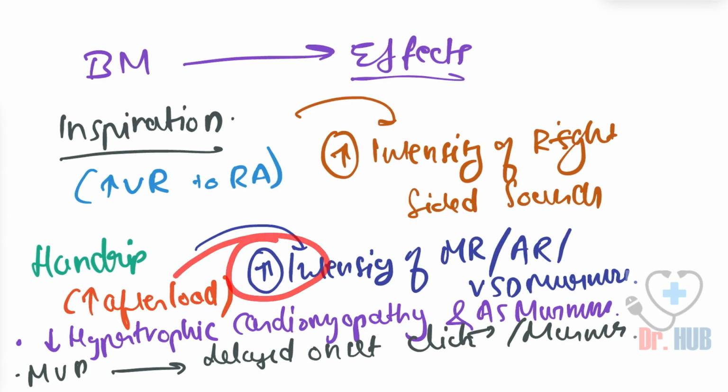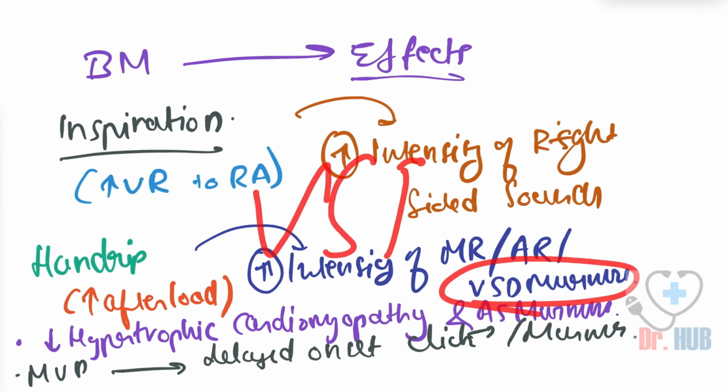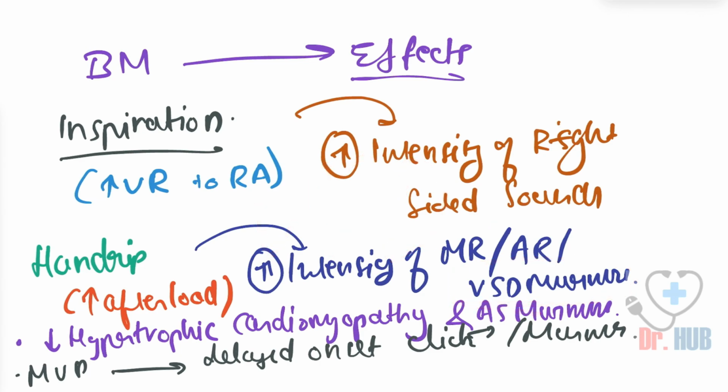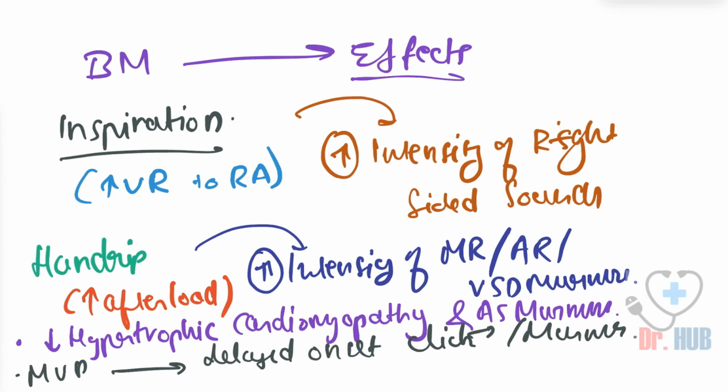This causes an increase in intensity of the MR, AR, as well as the VSD murmurs. Next, there is also a significant decrease in the hypertrophic cardiomyopathy as well as the AS murmurs. Next, when we look at the MVP, there is a delayed onset of the click or the murmur.